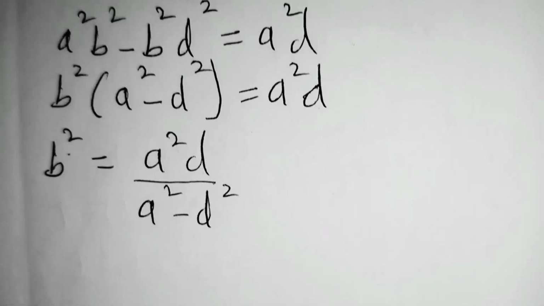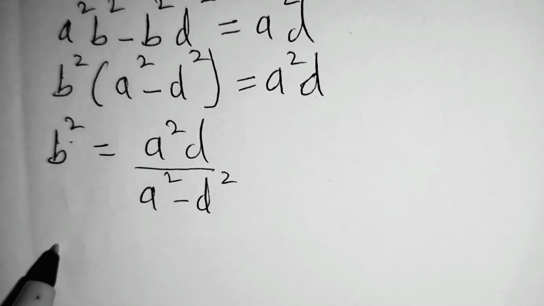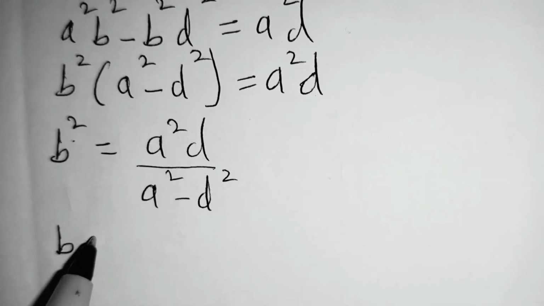Now to obtain b, you take square root both sides. So square root of b squared will be b.